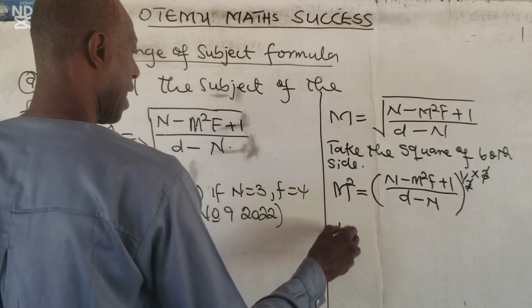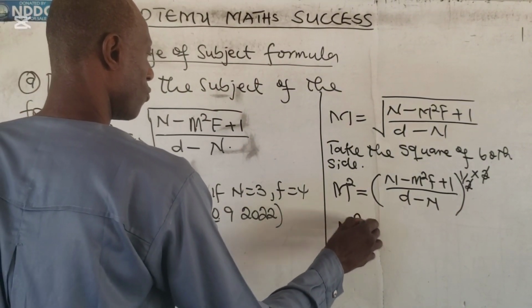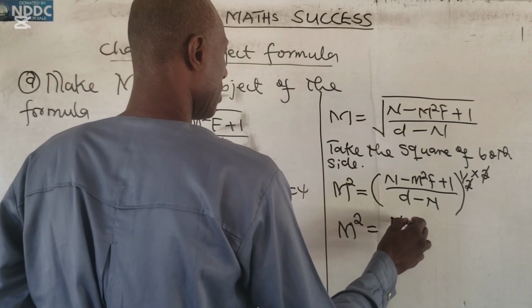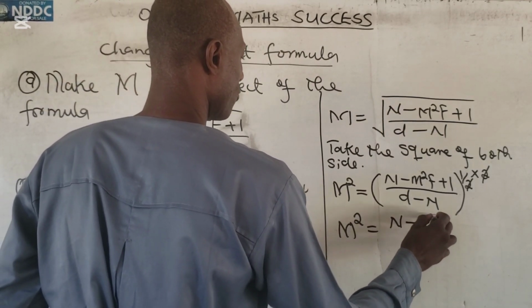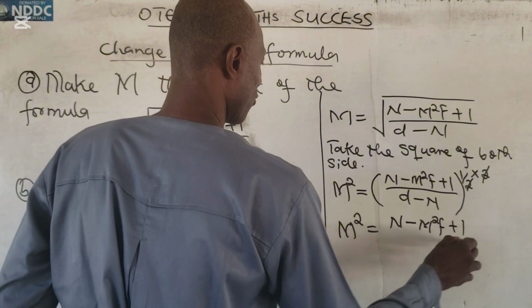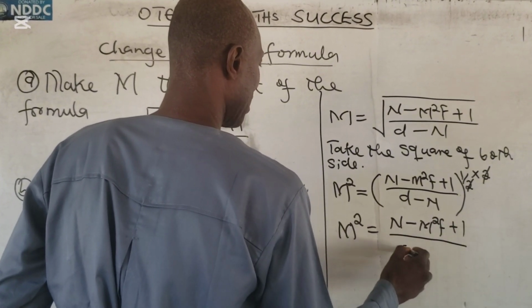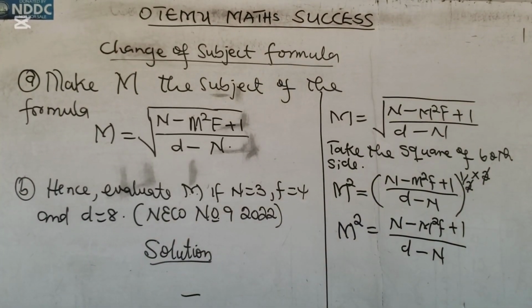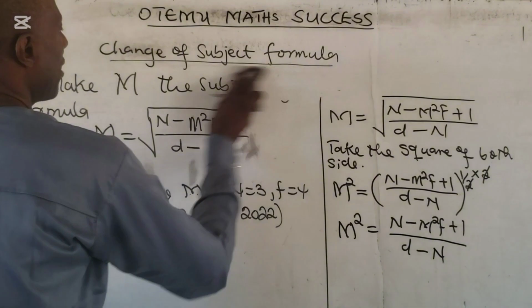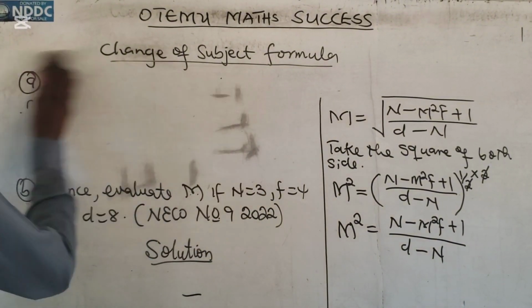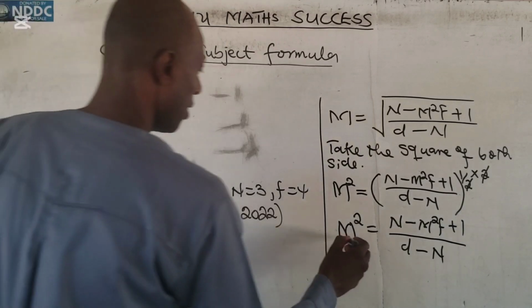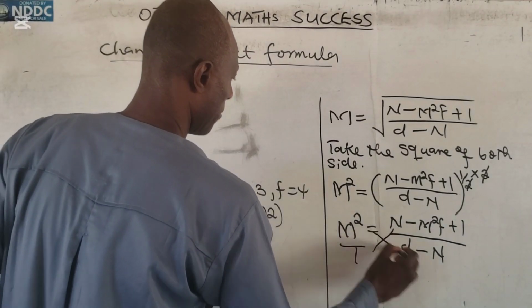So you are left with M square, which is equals to N minus M square F plus 1 over D minus N. So, okay, let me clean this side so we can solve properly. Now, when you clean that side, what we do here is cross multiply.